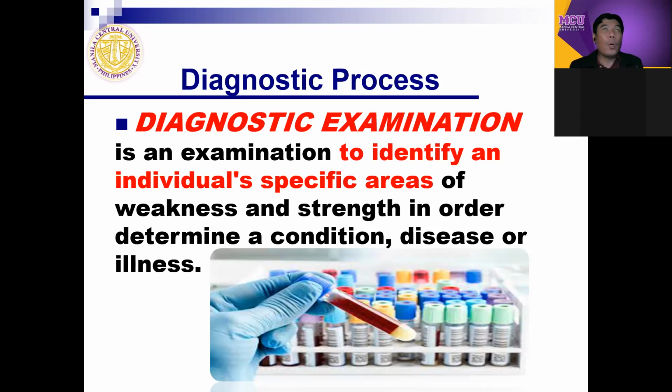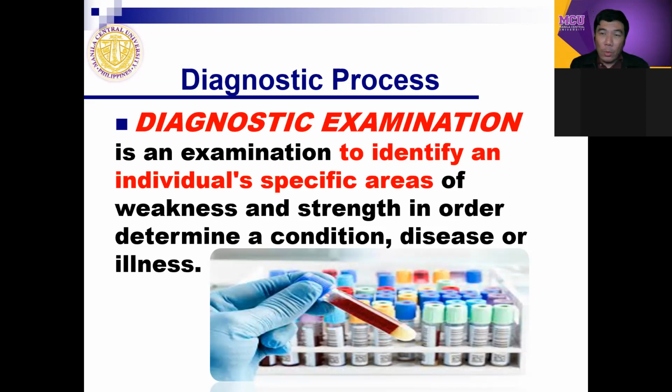For example, the complete blood count is an initial test to identify a problem with infection, inflammation, blood clotting, or a specific bacterial or viral infection. That's why usually when the client is in the emergency room, it's standard for us to have the complete blood count.